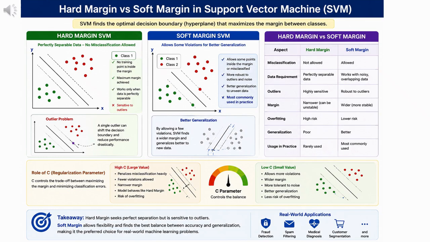A large value of C tries to minimize misclassification, making the model behave more like a hard margin. A small value of C allows more violations, resulting in a wider margin and better generalization to unseen data. In real-world applications like fraud detection, spam filtering, and medical diagnosis, soft margin SVM is preferred because real data almost always contains noise and overlapping classes.